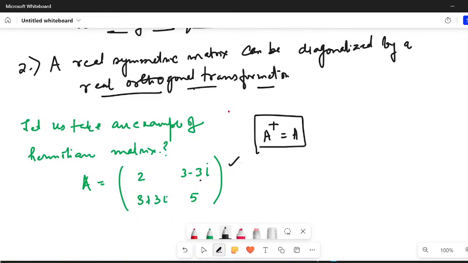Okay. I told you that a Hermitian matrix is diagonalized using a unitary transformation. That is, the matrix that is responsible for the diagonalization of the Hermitian matrix, that matrix P, is a unitary matrix.